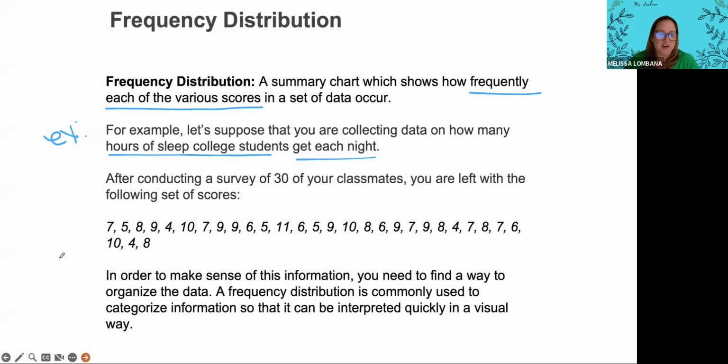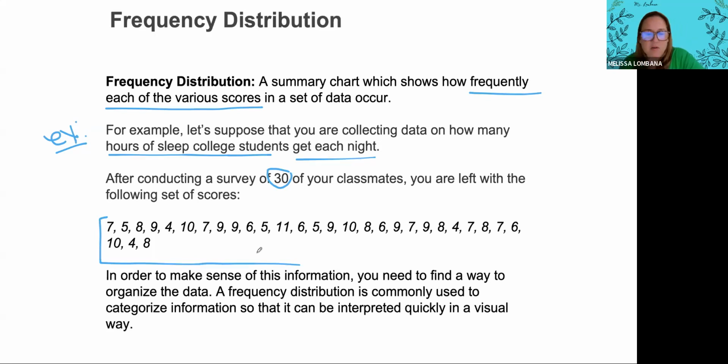So they're going to collect data of hours of sleep of college students each night. Just write that down. After they conducted the study, they got a survey of 30 classmates, and you're left with the following data. So then they give you all of this. This is basically how many hours each person slept.